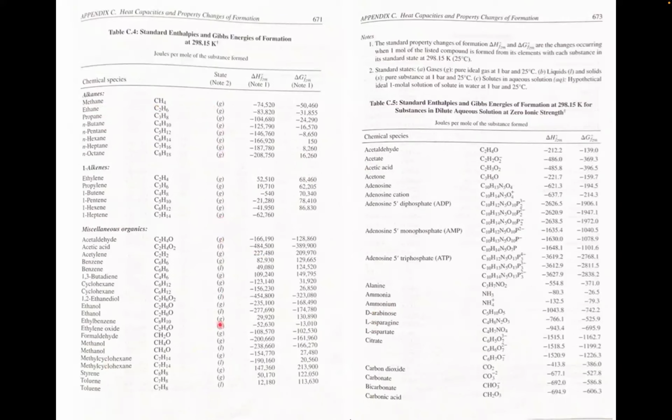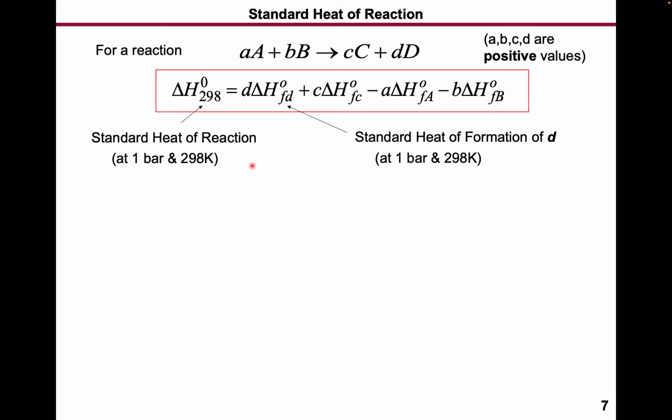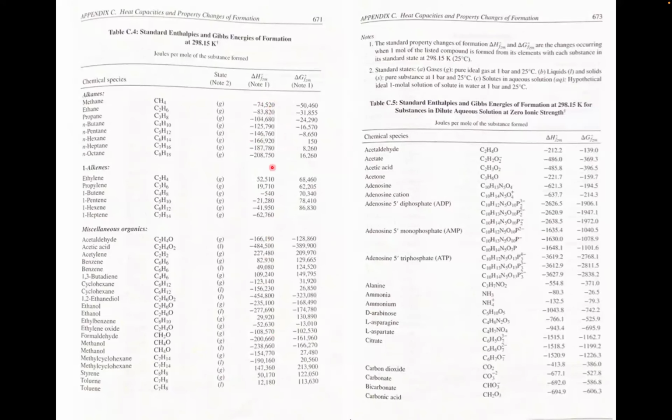For gas and liquid, you will have different values. For example, for toluene, the gas state has a much higher heat of formation than the liquid state, right? And this is the heat of formation. This is the state of the particular species. And later we will also talk about the Gibbs free energy of formation. We will come back to this later. But for now, you can look up these heats of formation in this table.